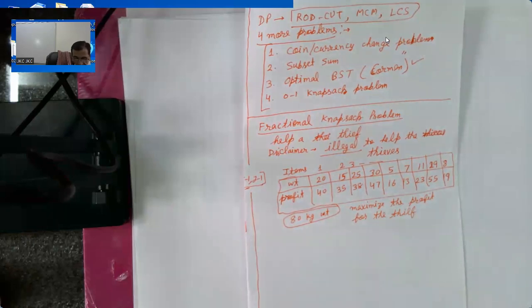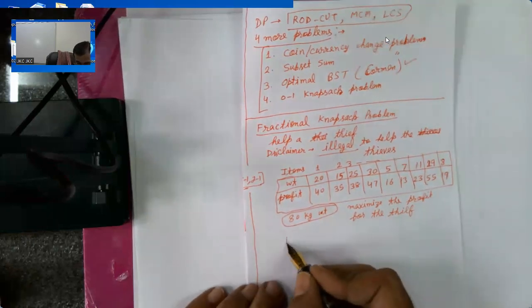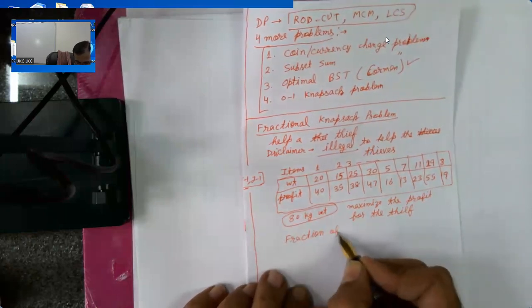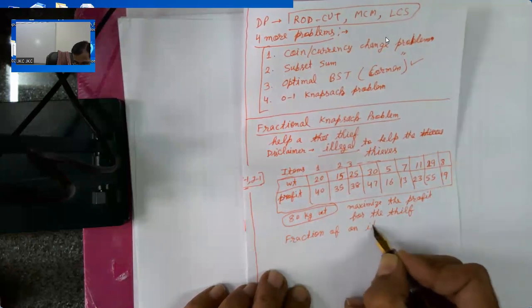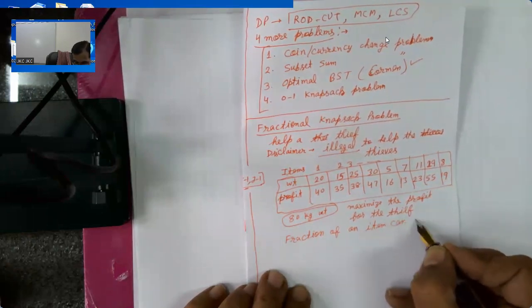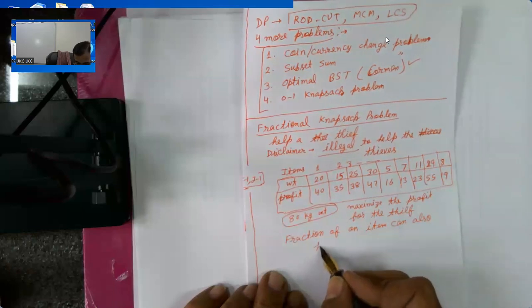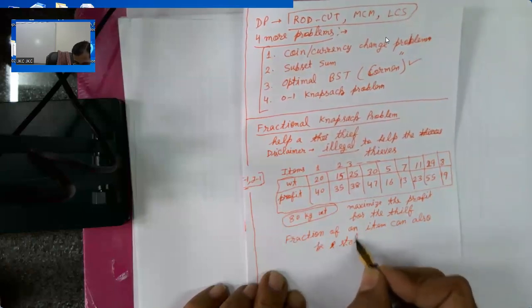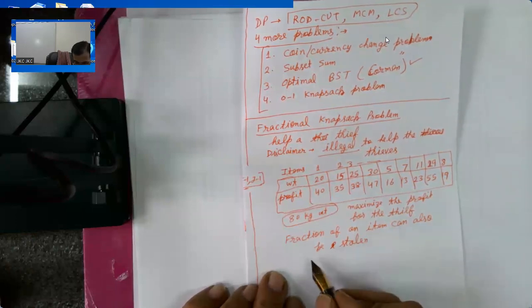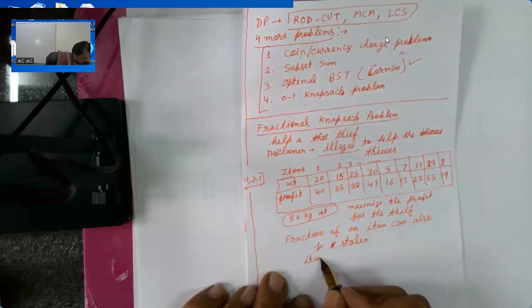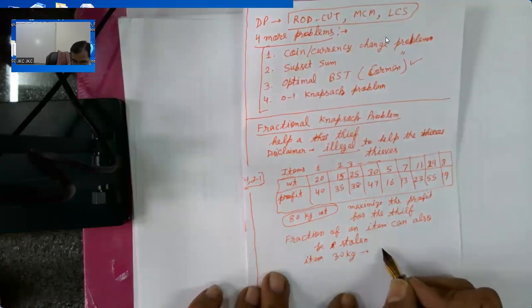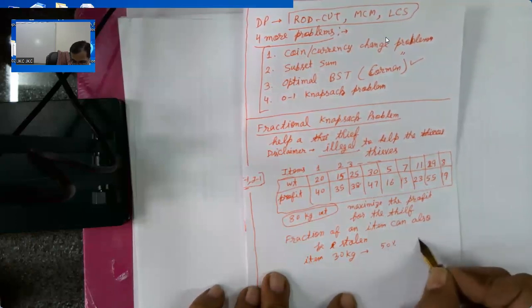The rule is that fractional items are also allowed. A fraction of an item can also be taken, can also be stolen. What does that mean? It means, let's say an item is 30 kg and I want to take out only 50% of it, so you can take out 15 kg of this item.